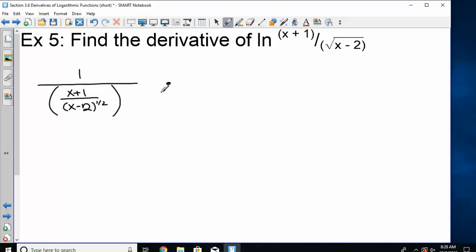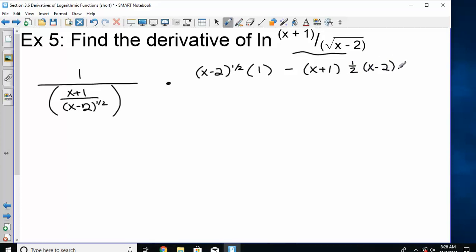what do we, quotient rule. The derivative of the inside, we're going to do quotient rule. So low is x minus 2 to the 1/2. D high, what's the derivative of the top? 1. Minus high, so the x plus 1. D low, derivative of the bottom, so the 1/2 will come down.